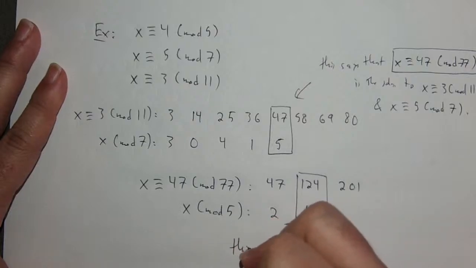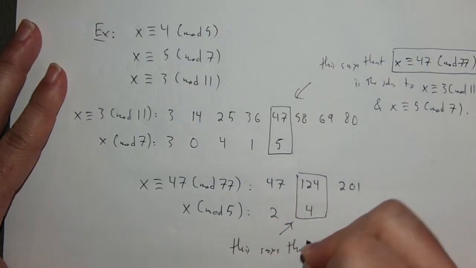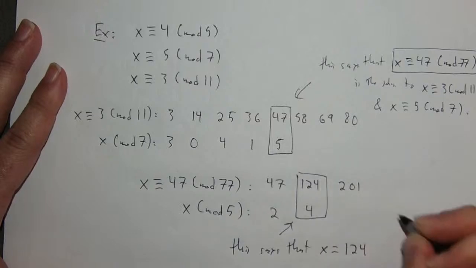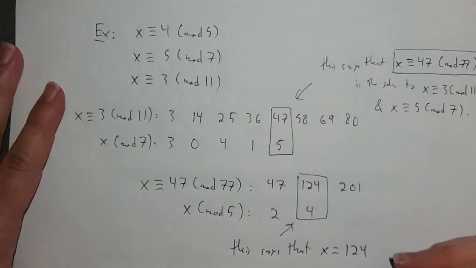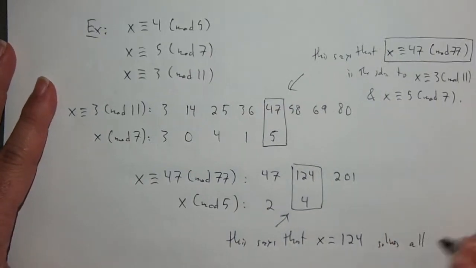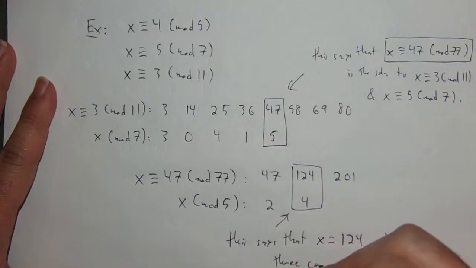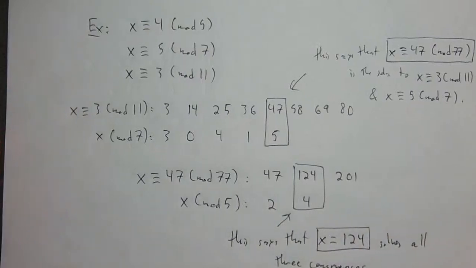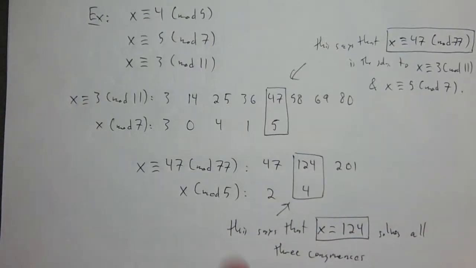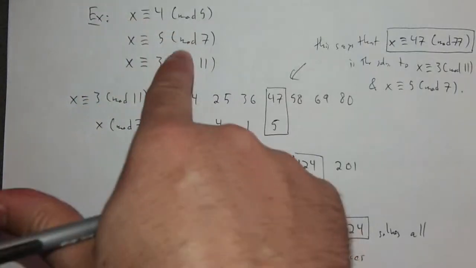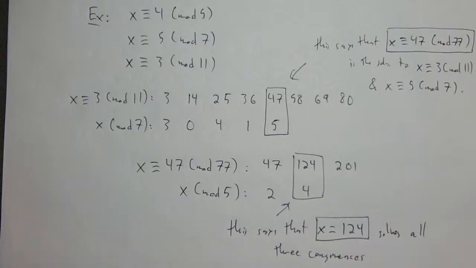This says that x equals 124 solves all the congruences. And if you don't believe that, you can quickly verify that's the case. So 124 is congruent to 4 mod 5. It's congruent to 5 mod 7. And it's congruent to 3 mod 11.